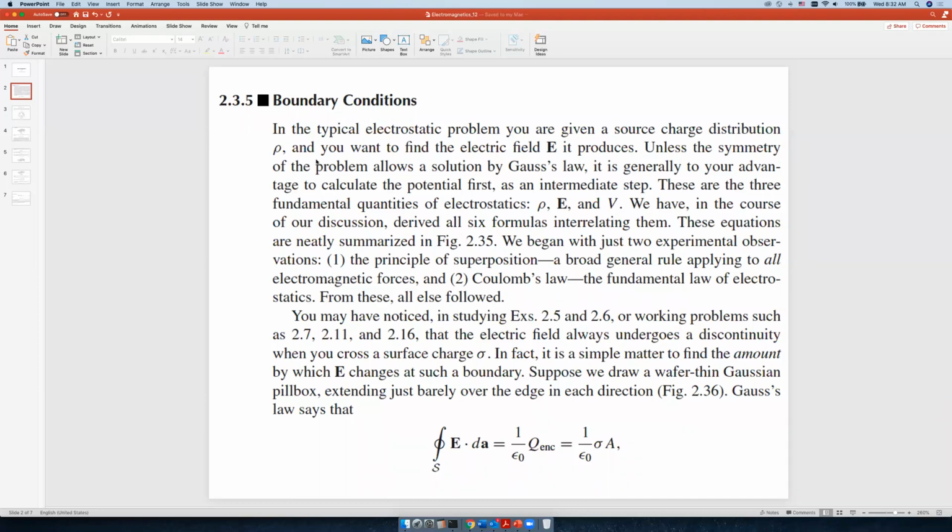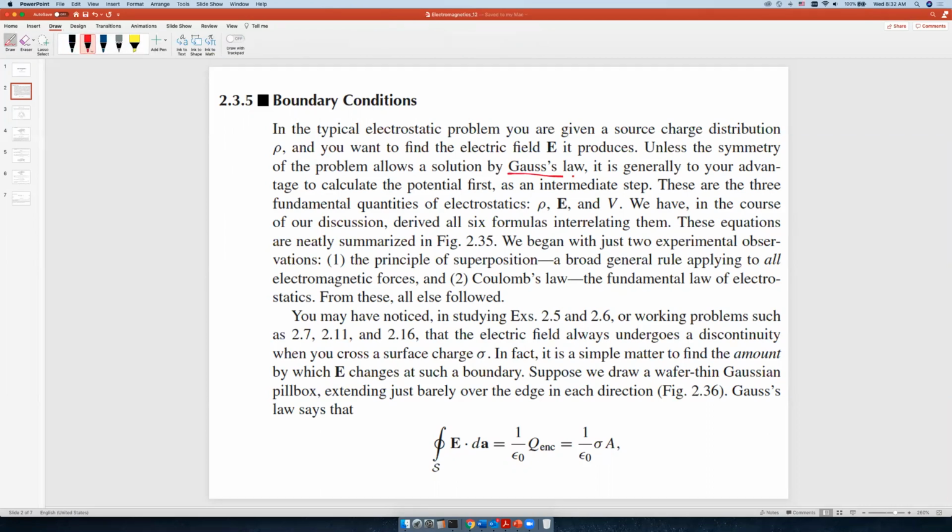First of all, in the typical problems in this class, we sometimes have a source charge distribution rho, and you want to find the electric field E it produces. Sometimes we can use Gauss law if the symmetry is perfect.